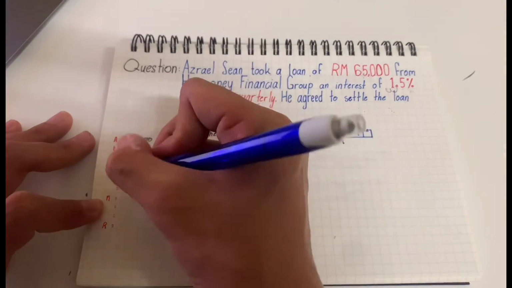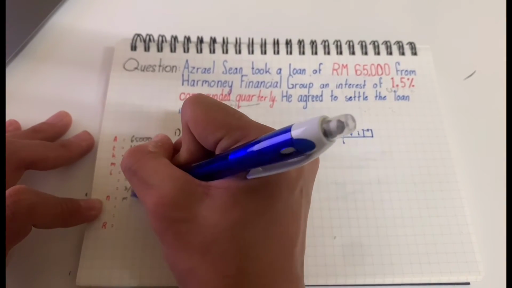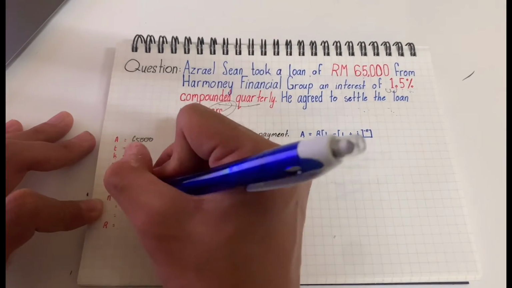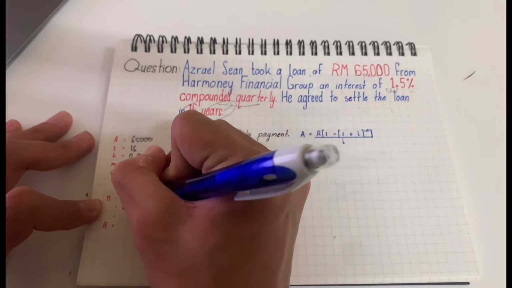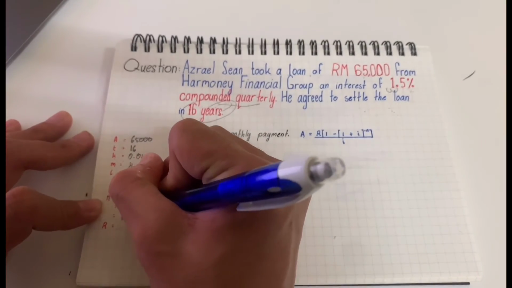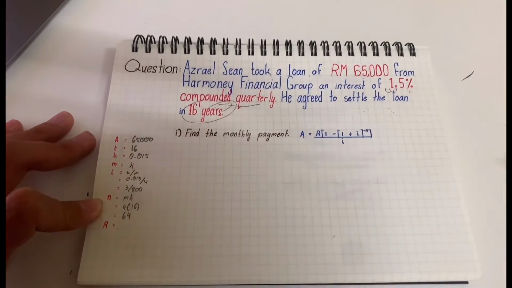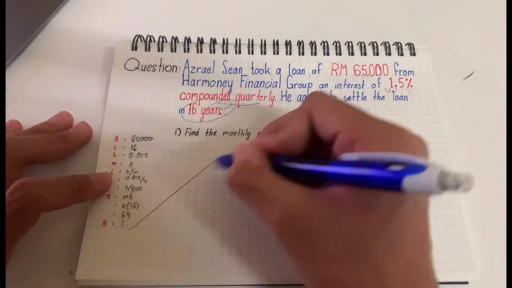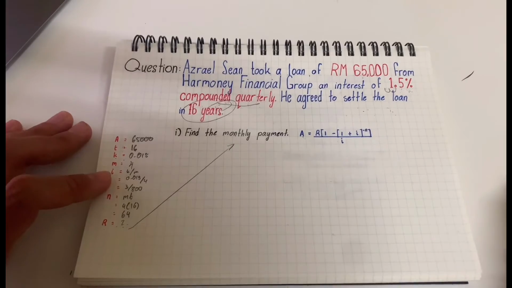And next, n equals m times t. So take m and t: 4 times 60 equals 240. Can you see it? And R, we need to find it, because the question wants it from us.